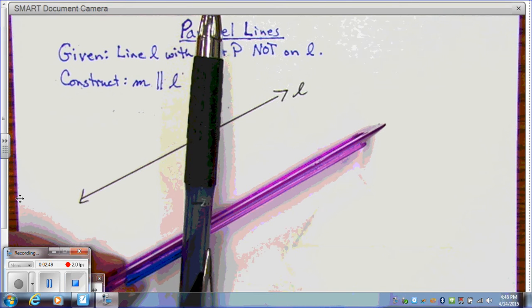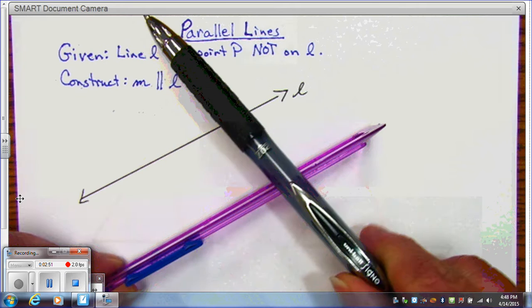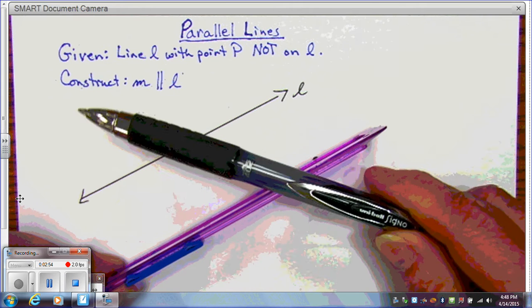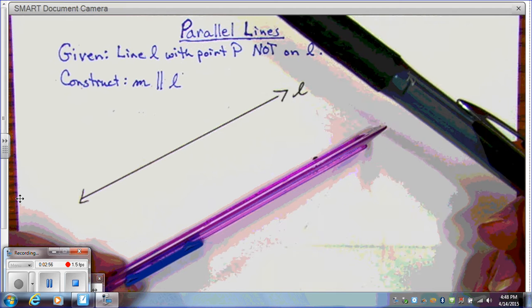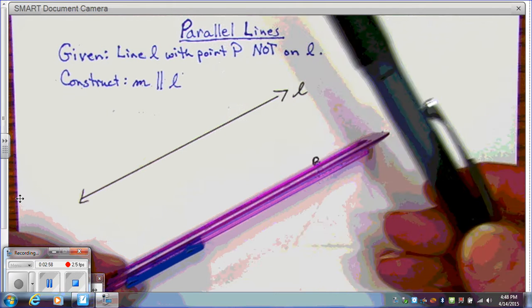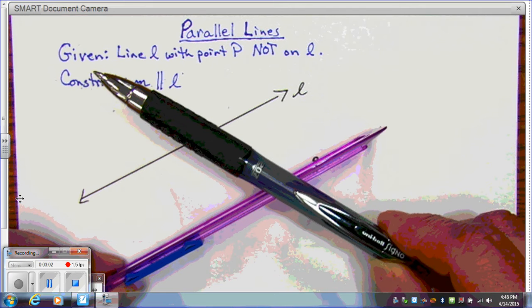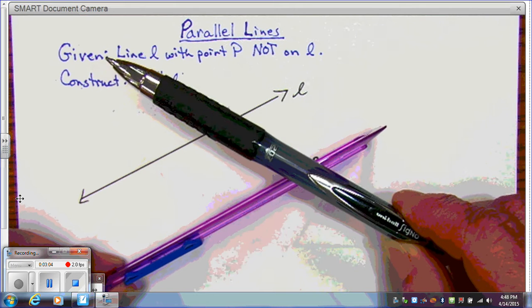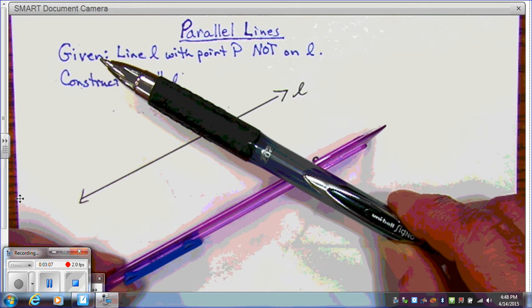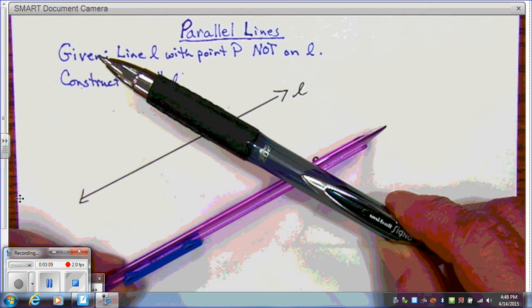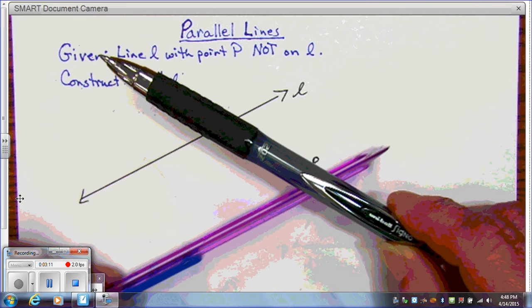Okay? Well, we are going to visualize where a transversal would intersect line L and the new line in purple, but it needs to pass through P. So I'm looking at where I could see that could be a transversal where the black pen is. I want to draw that line.